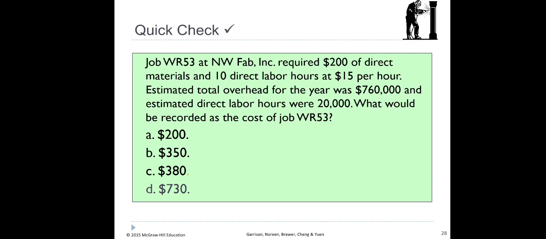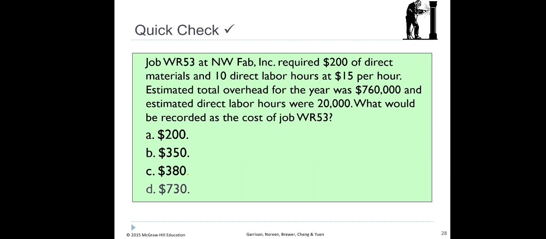Okay, see, the question is like this. Job WR53 at this company, NW Fabrication maybe incorporated. For this job WR53, this job required $200 of direct material and 10 direct labor hours at $15 per hour.